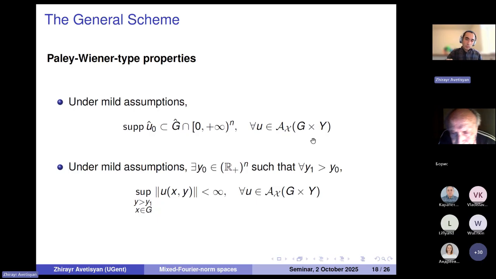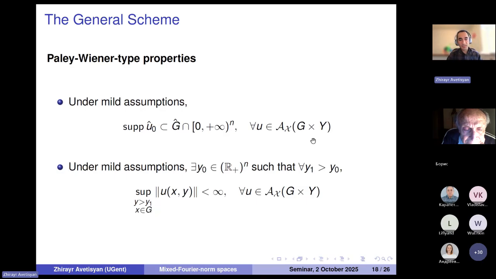And the next one regarding boundedness, again under certain mild assumptions, for every element of this holomorphic mixed Fourier-norm space, the distribution is actually bounded outside of a certain strip beginning with the vertical coordinate y0.